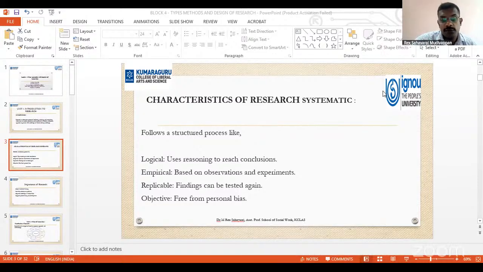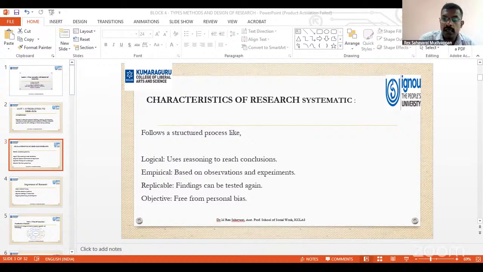And it is objective, free from personal bias. The study should be objective, not subjective, that means free from personal bias. When you have these four elements in your research, then we consider it systematic.